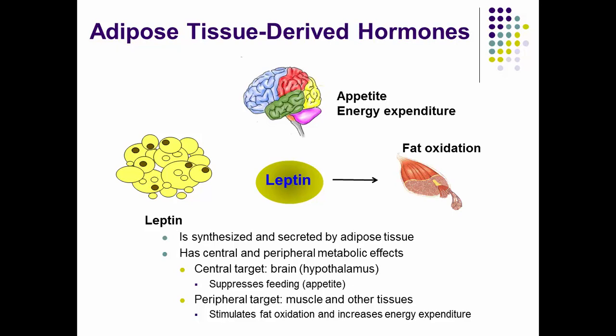So basically leptin is a good hormone, right? It increases energy expenditure and decreases food intake, so it tells us to eat less and burn more fat, right? The two main target tissues are brain and muscle: muscle for fat oxidation, and brain for suppressing food intake, right?